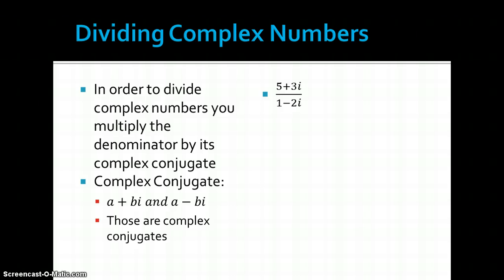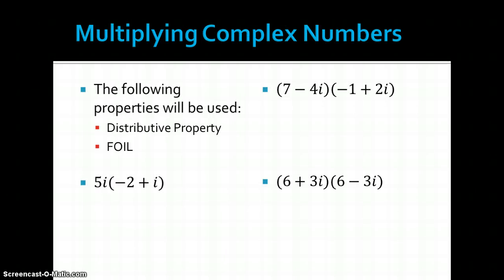Dividing complex numbers is a little more challenging, at least initially, because in order to divide complex numbers, you actually multiply the denominator by its complex conjugate. What is a complex conjugate? Well, these, 6 plus 3i and 6 minus 3i, that's a complex conjugate.